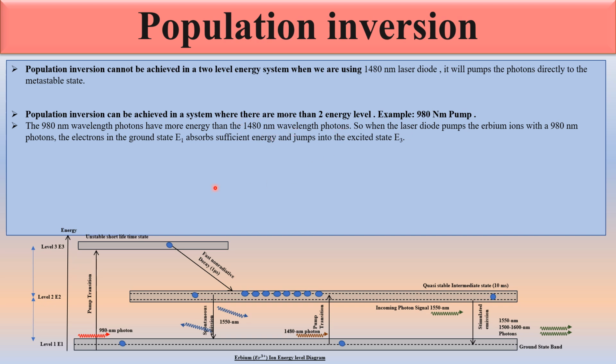The 980 nanometer wavelength photons have more energy than the 1480 nanometer wavelength photons. In erbium amplification, there are two types of pumps we use, 980 nanometer and 1480 nanometer. I have made a separate video differentiating the function of these two. Here you just need to know that when we are using the 980 nanometer pump, the electron jumps to the higher energy state, then gets to the metastable energy state and then the ground state.